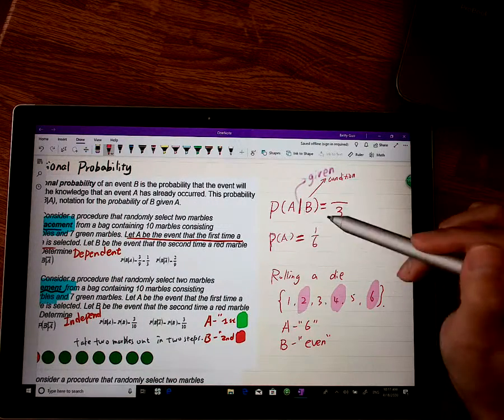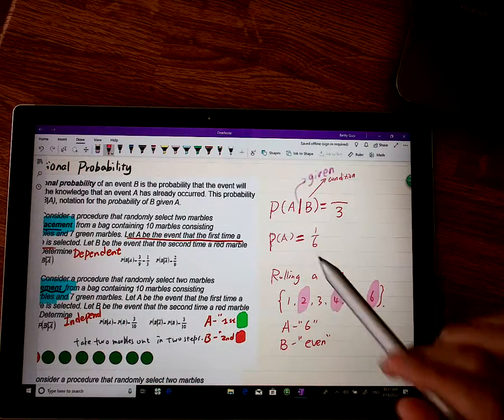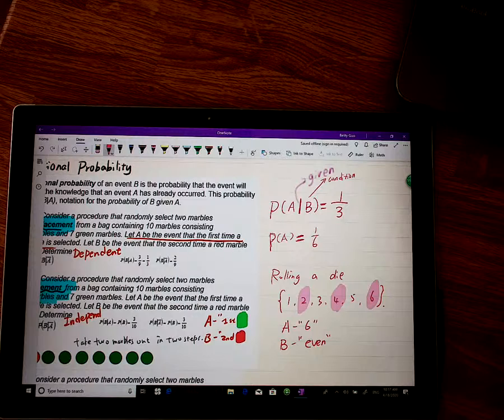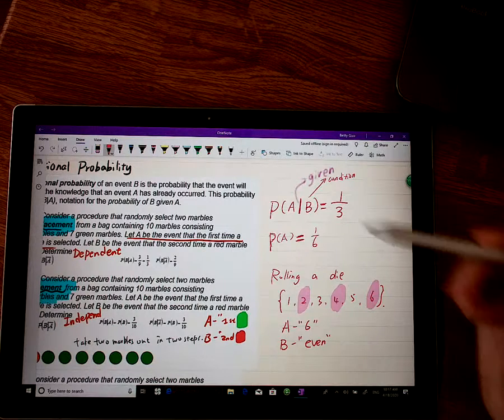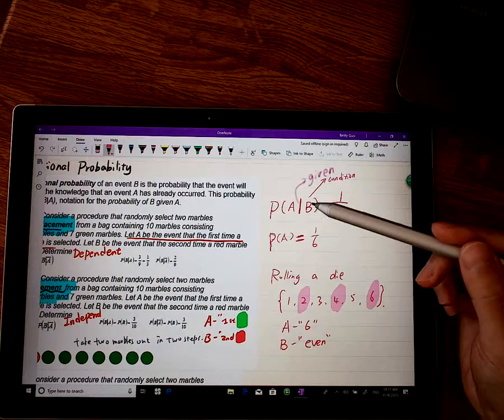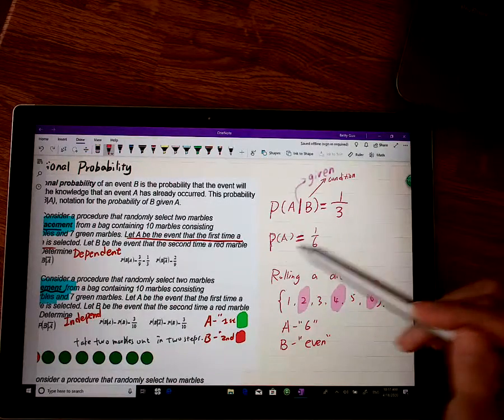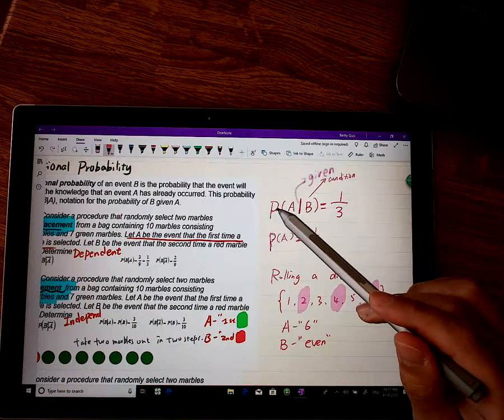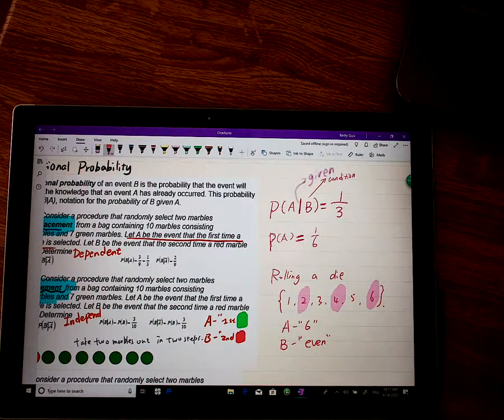And under that condition, you get A. The probability is 1 over 3. Do you see what I'm saying here? That's the difference between a regular probability P of A and the conditional probability P of A given B. Do you see what happened here?